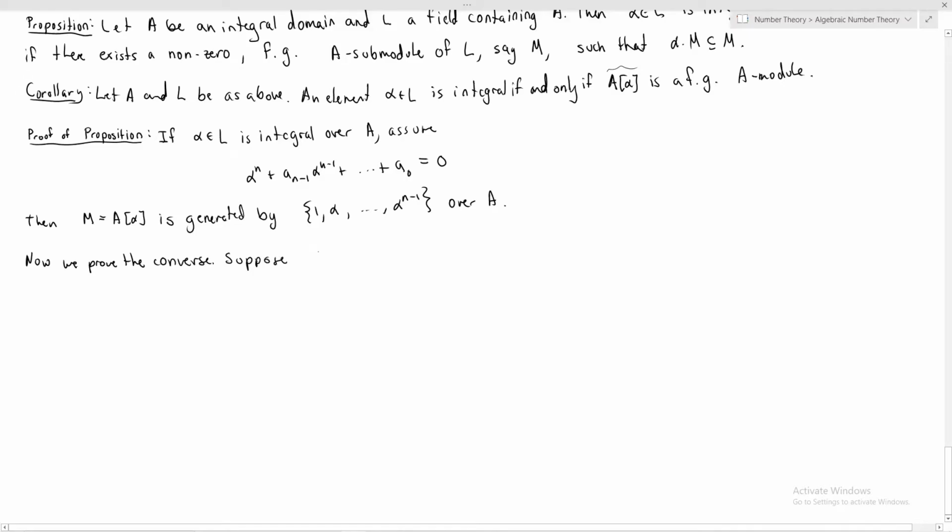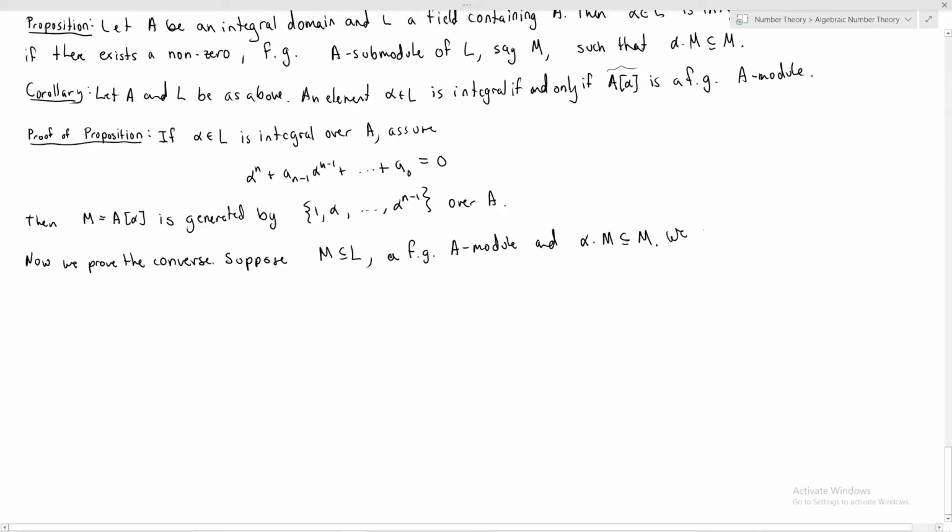Suppose M is contained in L, a finitely generated A module, and alpha times M is contained in M. So the key result is some kind of seldom used result from linear algebra known as Cramer's rule.